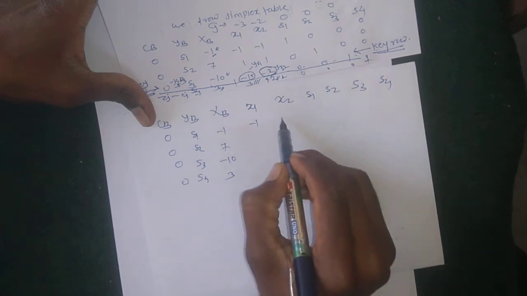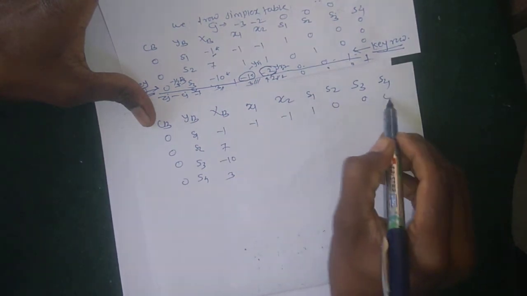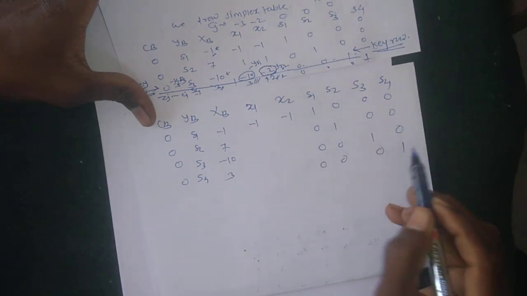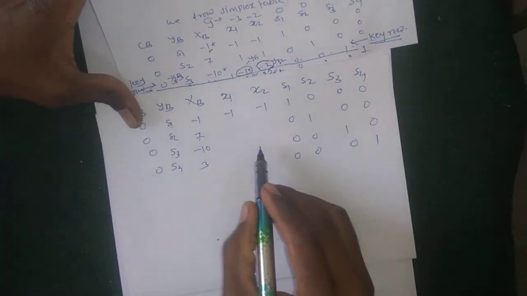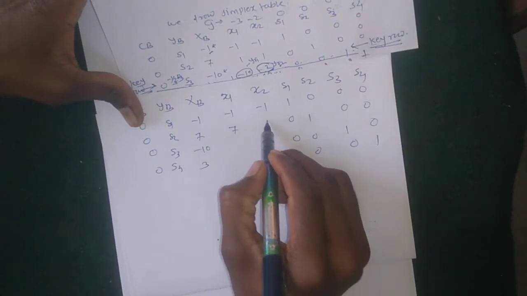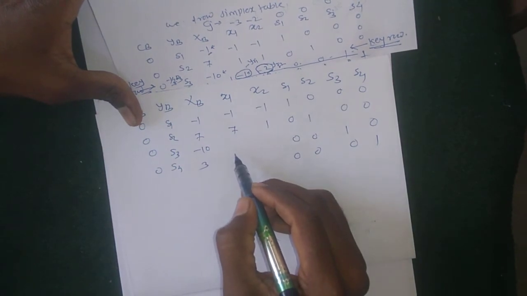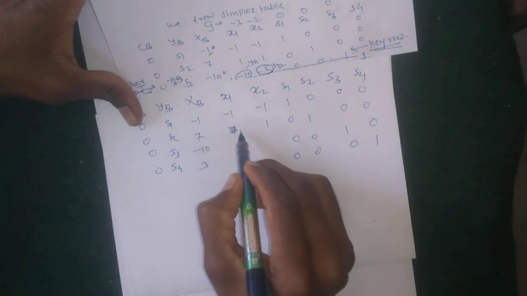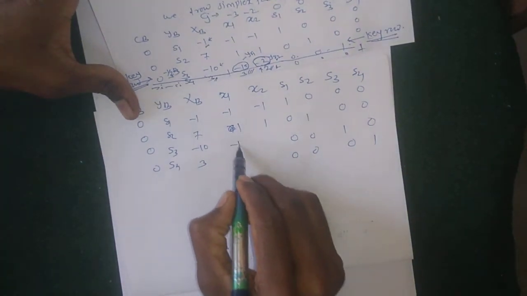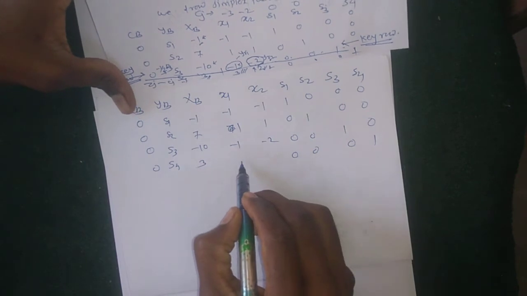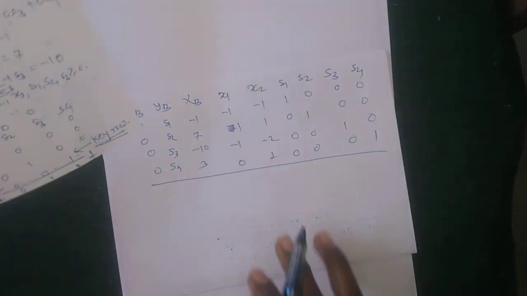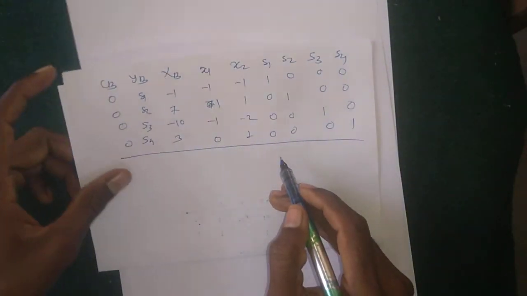Then minus 1, 1, 0, 0, 0, 0, 1, 0, 0, 0, 0, 1, 0 and 0, 0, 0, 1 in this way. Here for second column 1, 1. Then third column is minus 1, minus 2. Then fourth column is 0, 1.